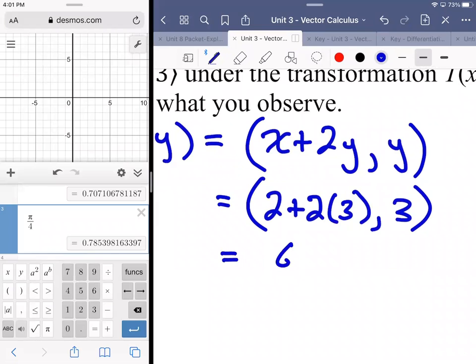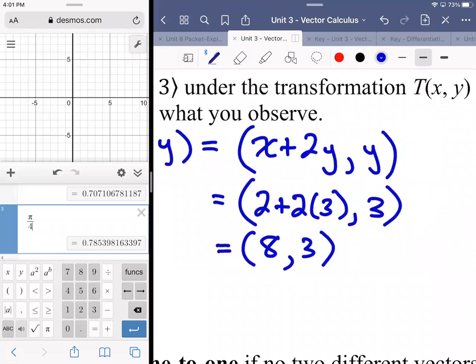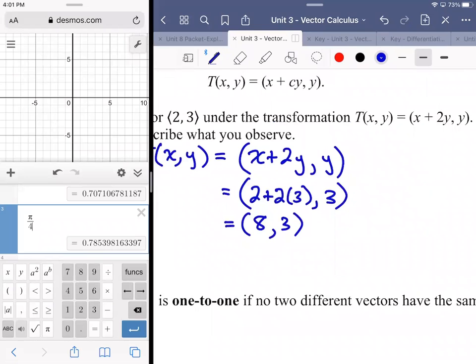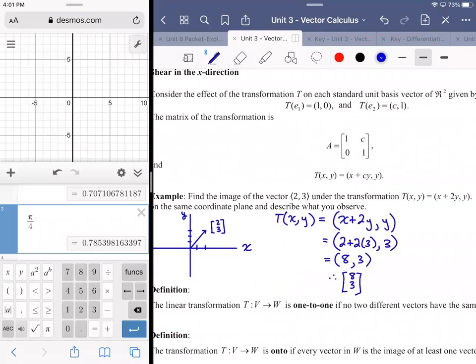All right, so (8, 3) would be our new ordered pair, which would correspond to the column vector of 8, 3, right?